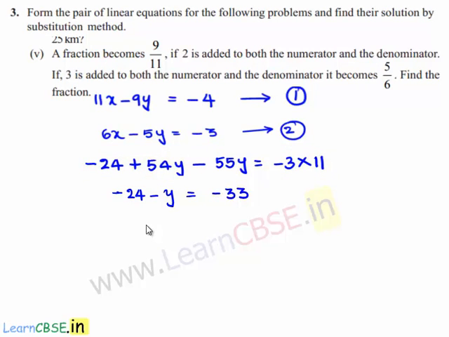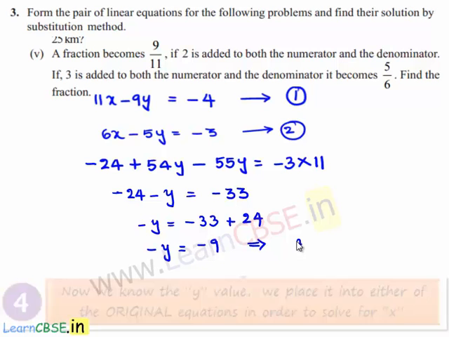So transposing minus 24 to right hand side, we get minus y is equal to minus 33 plus 24. Therefore, minus y is equal to minus 9. That gives y is equal to 9.